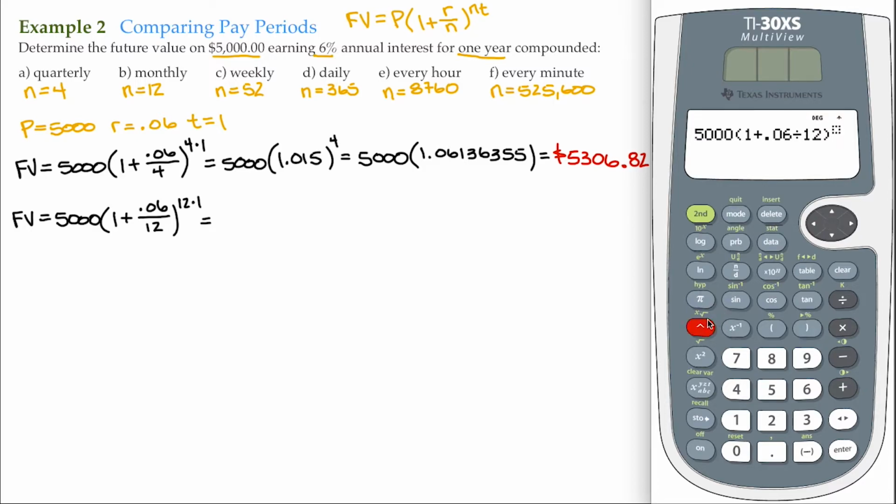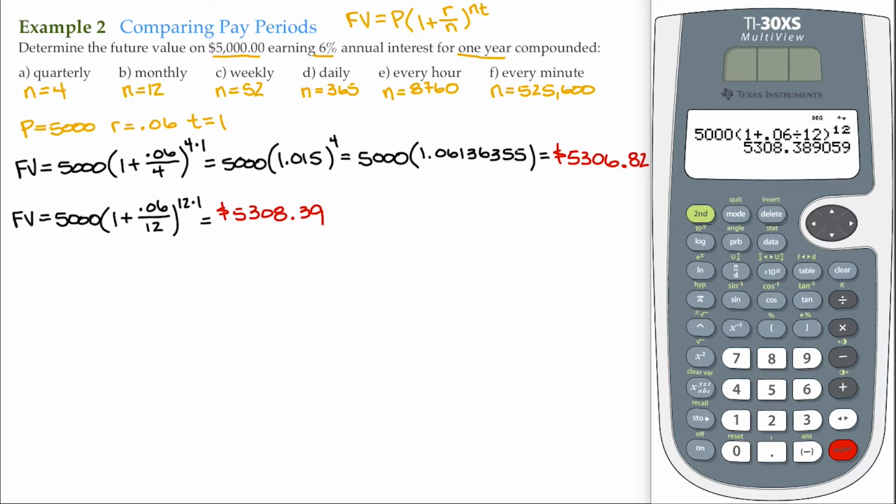Use our caret key and raise it to the, I'm just going to raise it to the 12th power. We know that 12 times 1 is 12, and leave it at that. Hit enter. And this comes out to be $5,308 and 39 cents, again rounding to the nearest penny.